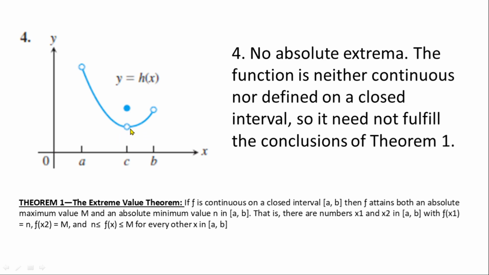Similarly, we cannot say what the absolute minimum value is, because the function is not continuous and the intervals are not closed; they are open intervals. No absolute extrema. The function is neither continuous nor defined on a closed interval, so it need not fulfill the conclusion of theorem 1.